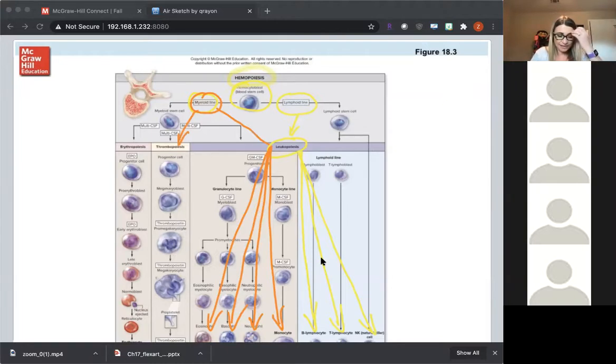And here, I would like you to know thrombopoietin. Thrombopoietin is a stimulating factor. It's really a hormone that is going to affect the formation or development of this megakaryocyte. So that word I do want you to know as well.